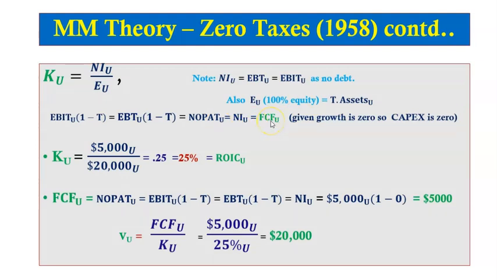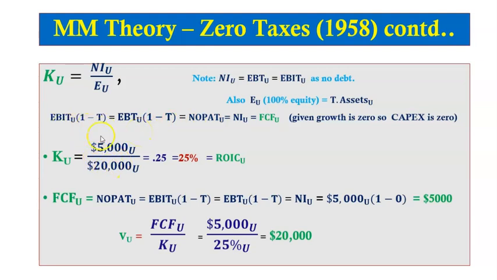So the formula for the free cash flow to the firm will reduce to net income of the unlevered firm because there are no interest expenses. So NOPAT is exactly equal to net income. And because there are no taxes, we can see that NOPAT is also equal to earning before interest and taxes.